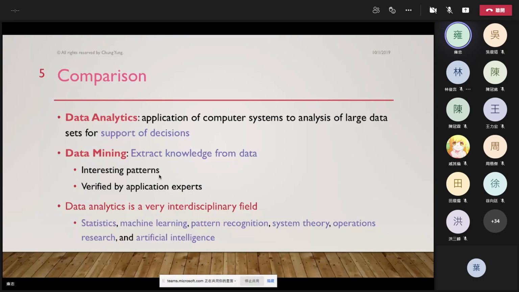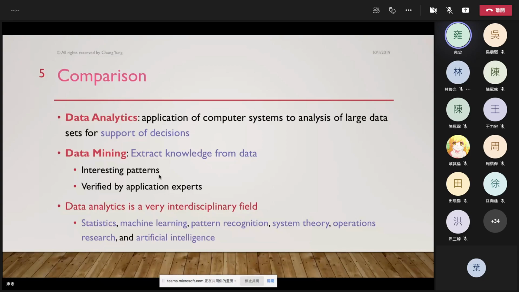Pattern recognition. As I said, data analytics is majorly for supporting decisions. And usually when we make decisions, we want to identify the pattern of new things or new evidence or new trends so that we can make correct decisions.